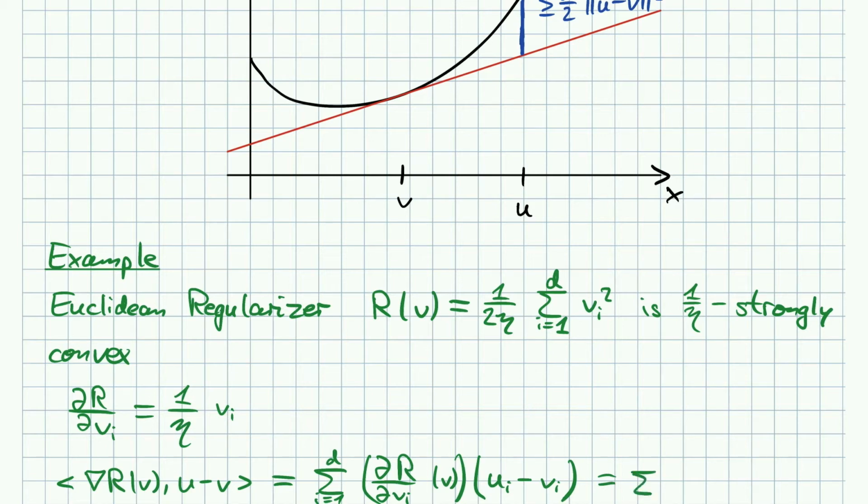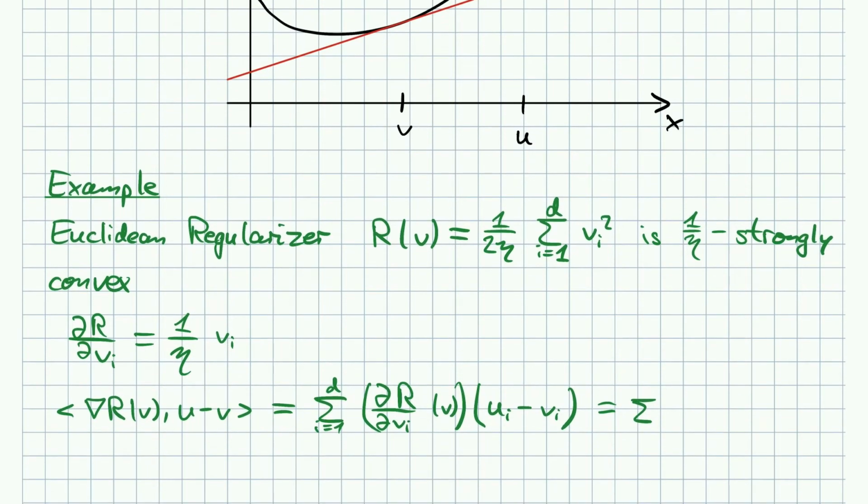So this will be nothing but the sum from 1 to d of 1 over eta times vi times ui minus vi. And what does this give us?